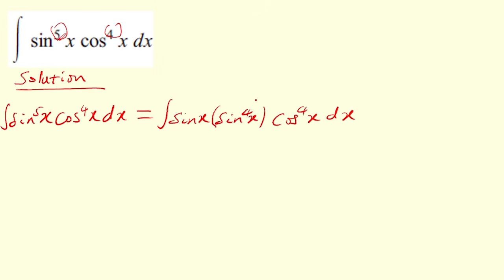We have an even power here. Whenever n is even, you can write it as 2k. So here the form is 2 times 2.